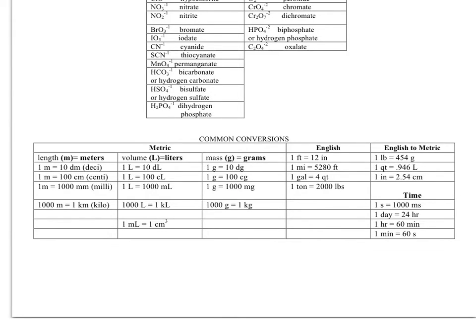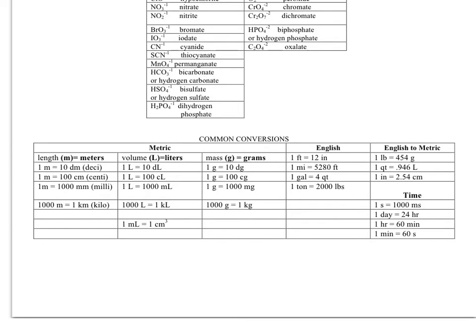The fourth column's a little different, right? These are English units. So meters, liters, and grams are all types of metric units. In other words, units used all around the world. English units, however, are just used pretty much in the US. So you might kind of think these are more familiar to you. Inches, miles, feet, pounds, all that good stuff.